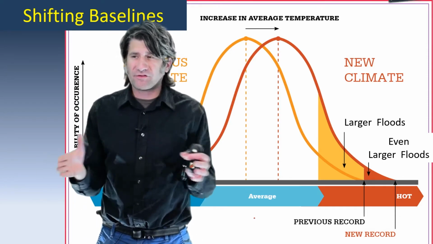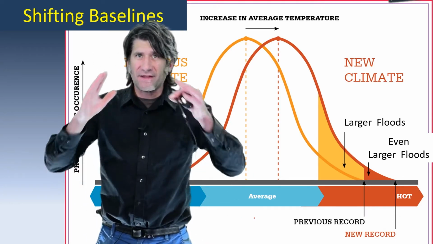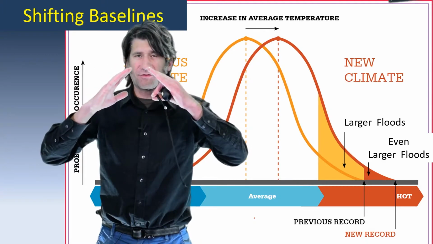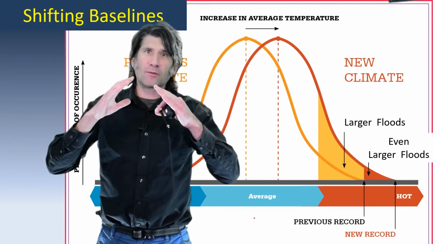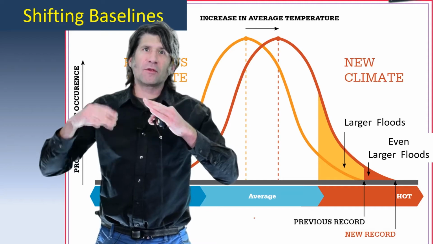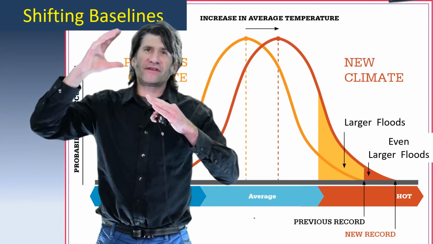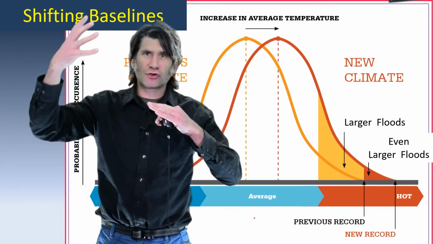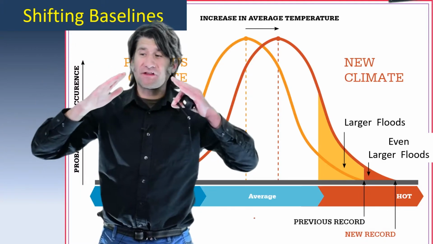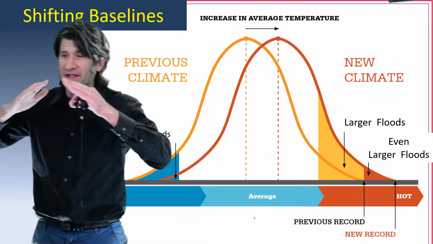We expect a certain size flood based on 100 years of data. But what if, as we warm up the atmosphere, we're able to put more water into the atmosphere, and so potentially we can have larger rainstorms and have more significant flooding. So we're shifting that baseline.